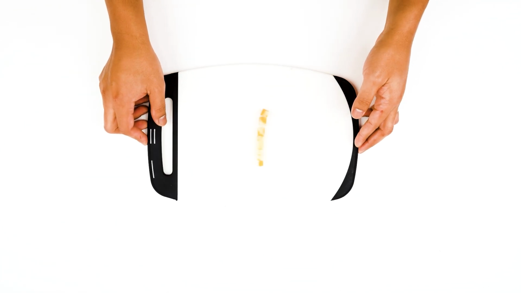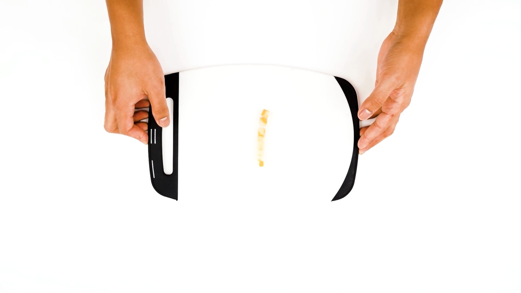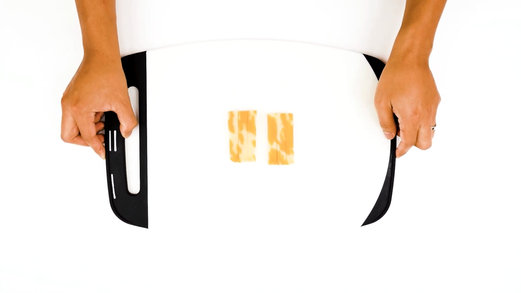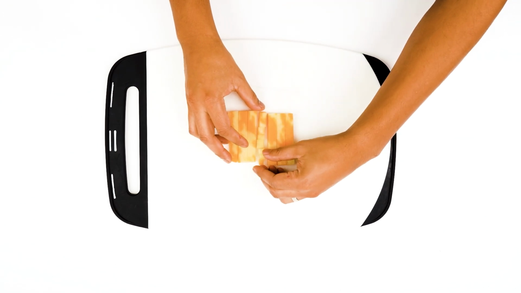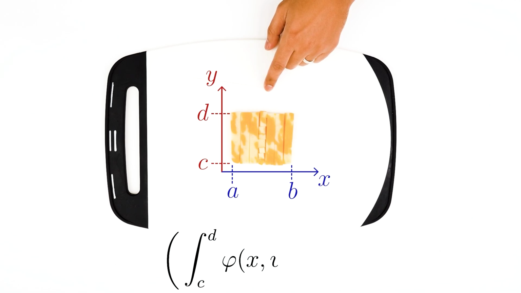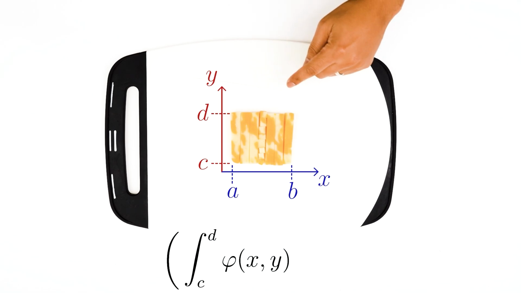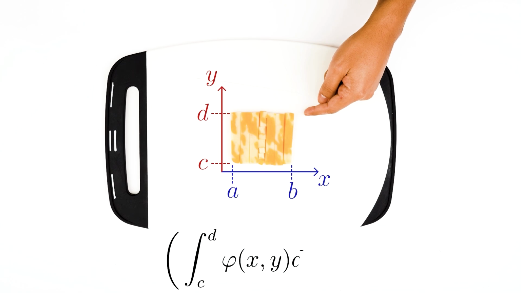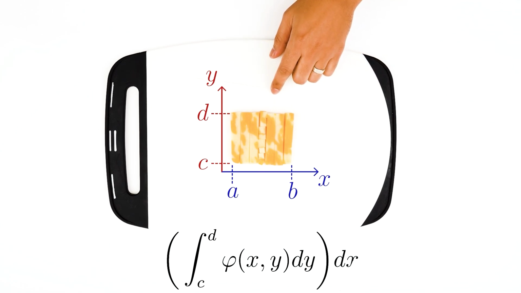Let's transport this one-dimensional slice back to two dimensions. Recall how this single x slice has infinitesimal mass given by the integral expression, the integral of phi of xy from c to d, dy, all of that times dx.